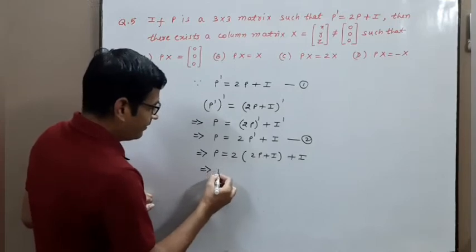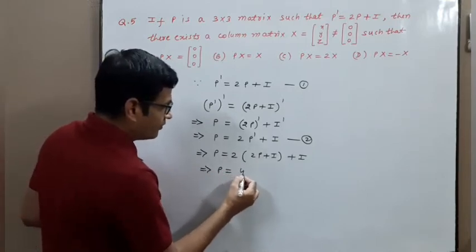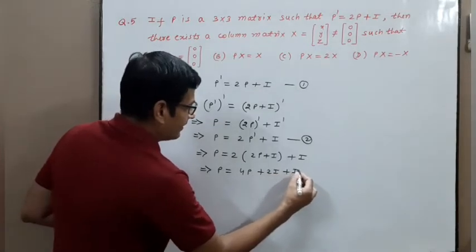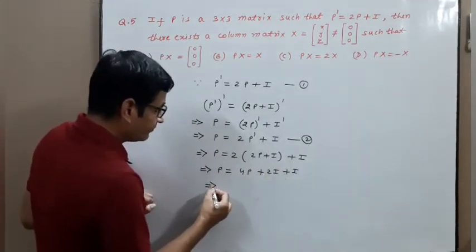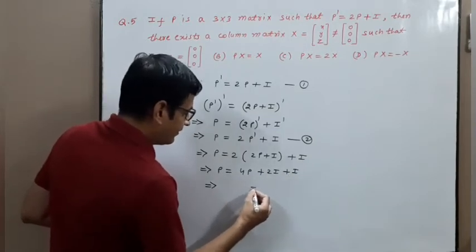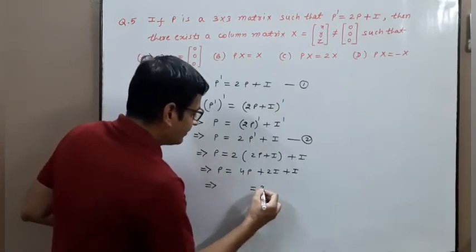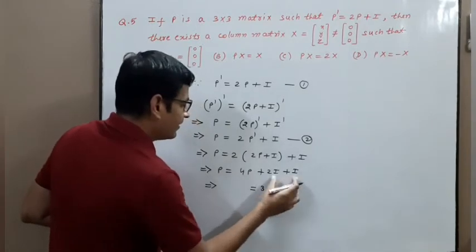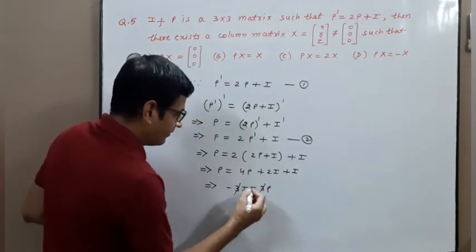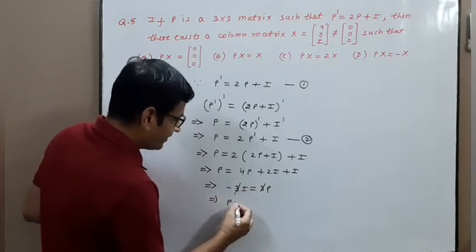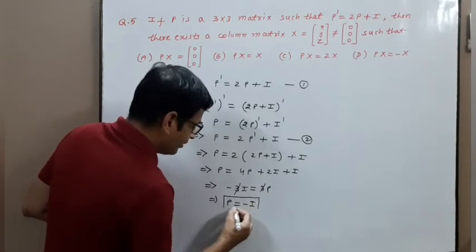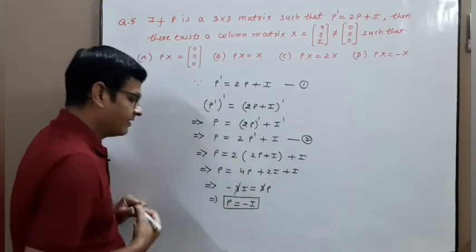Simplify. So P equal to 4P plus 2I plus I. 2I and I is 3I, and 4P minus P is 3P. Send 3I to the other side, so minus 3I. So matrix P equal to minus 1 into identity matrix.